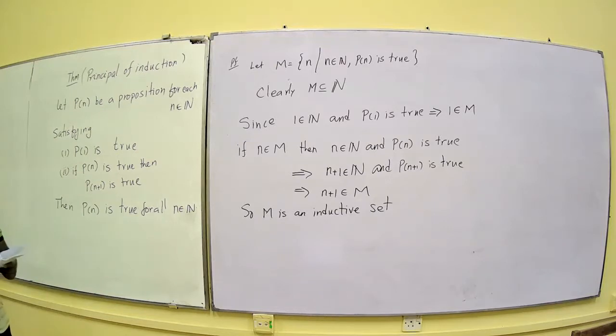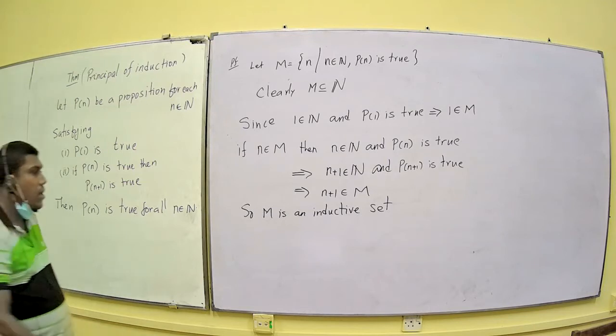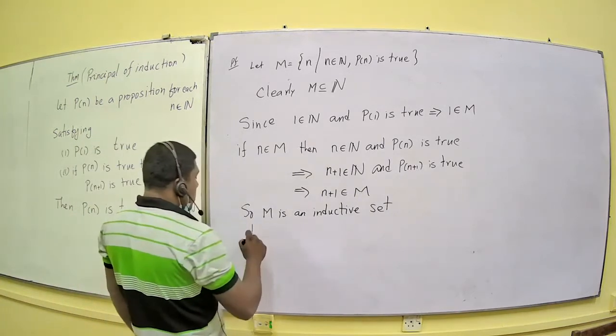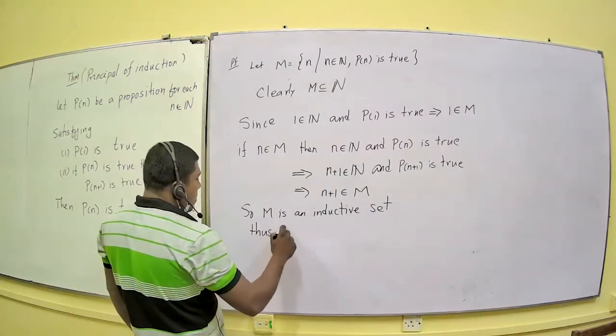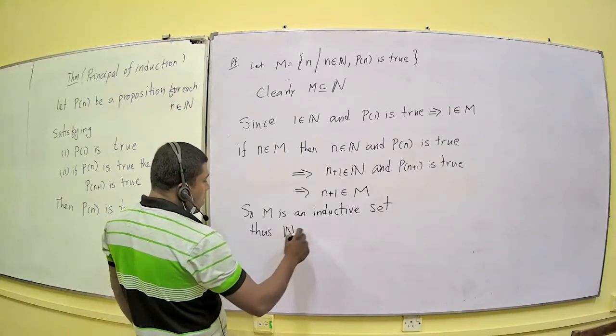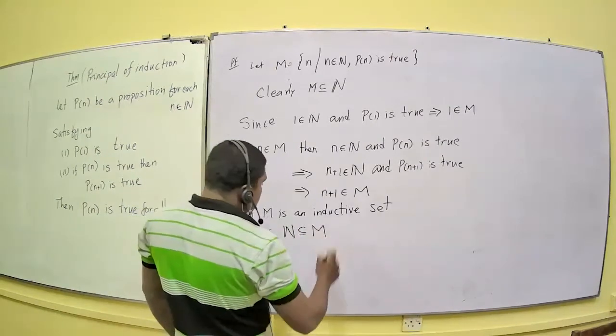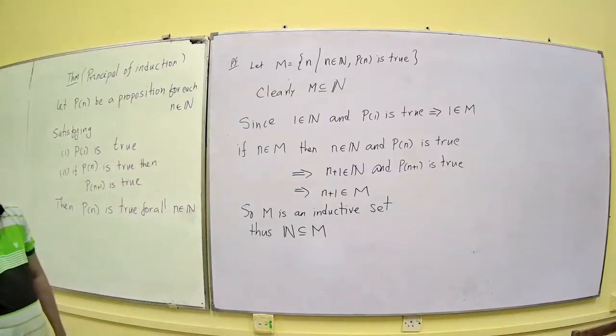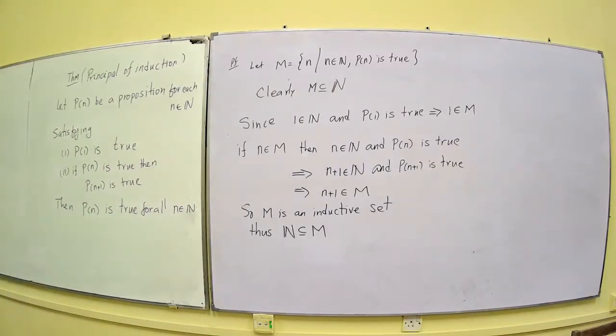So if M is an inductive set, you know that it is a member of curly M. But by the previous results, we say that the natural number set N is the smallest inductive set. So N should be a subset of M because M is an inductive set.